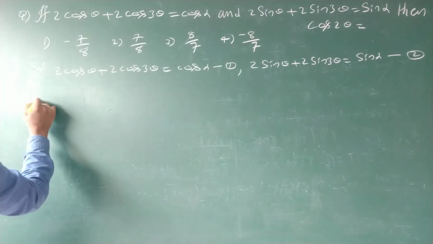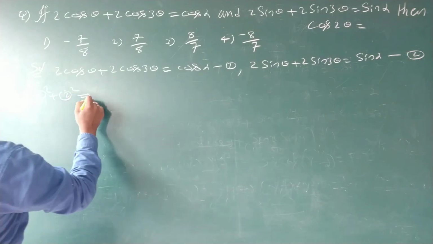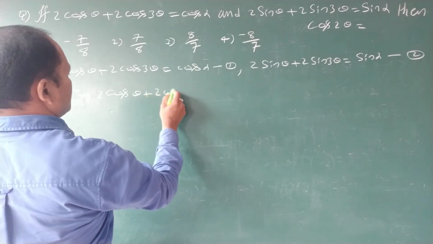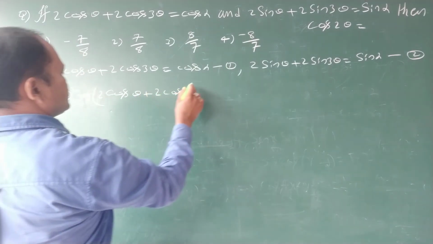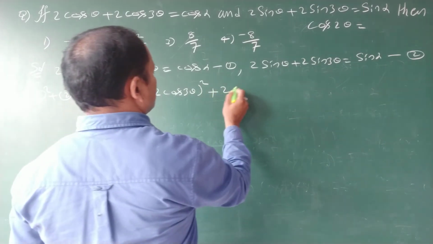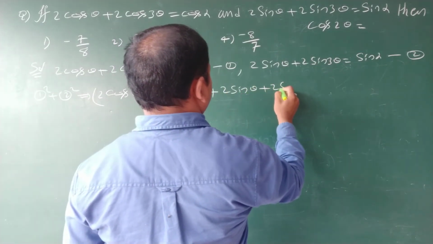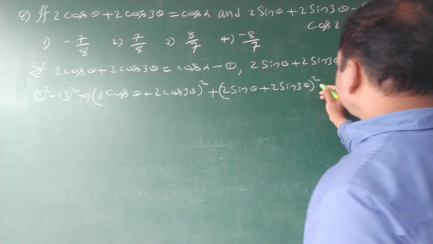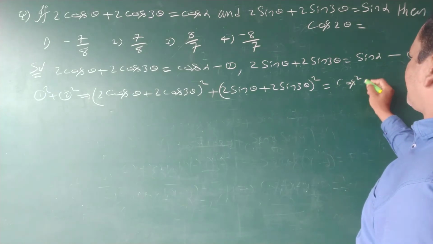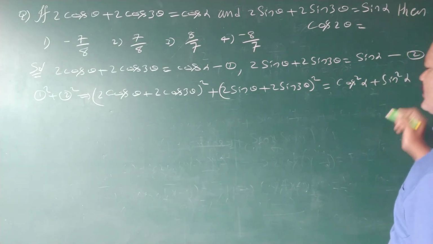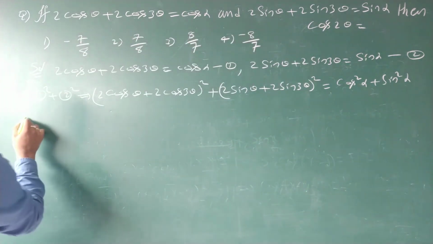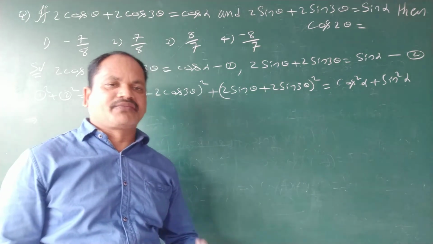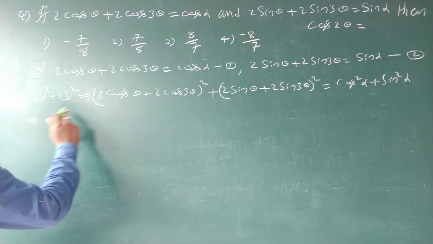Then it is 1 square plus 2 square, that is (2 cos theta plus 2 cos 3 theta) whole square plus (2 sin theta plus 2 sin 3 theta) whole square is equal to cos square alpha plus sin square alpha. Now expand these two squares in the form of a perfect square, (a plus b) whole square, that is a square plus b square plus 2ab.